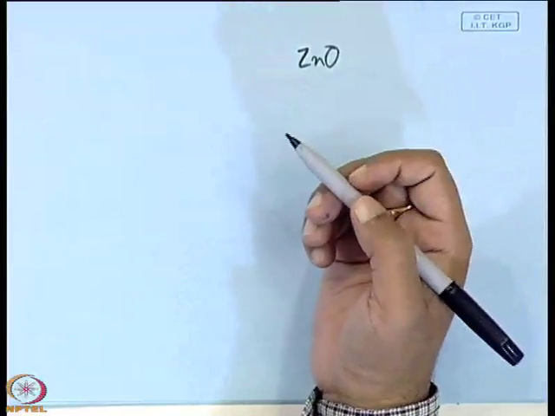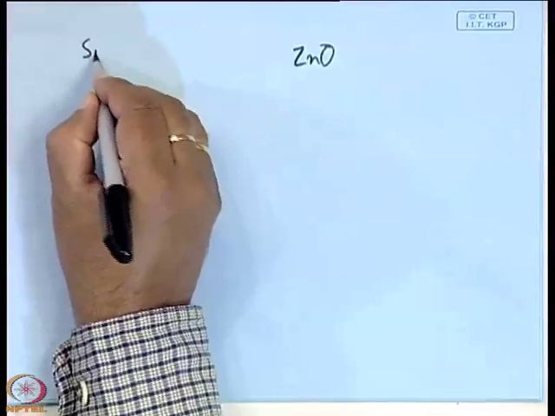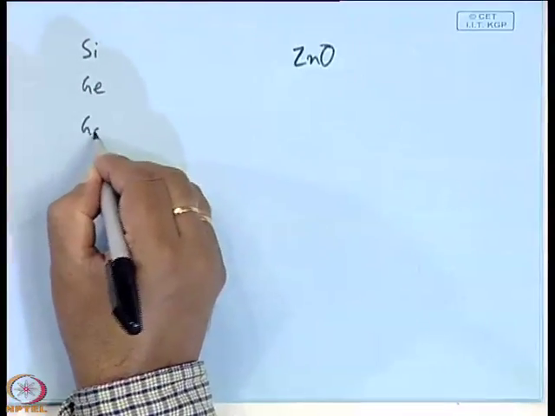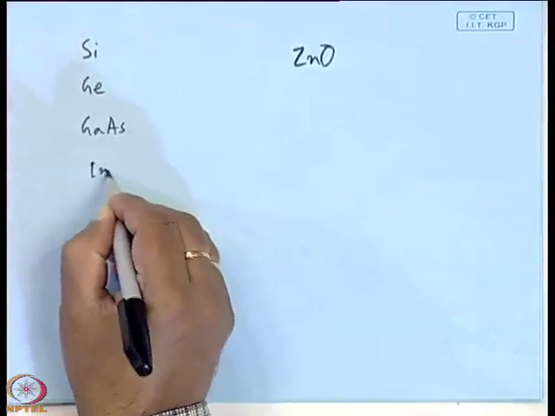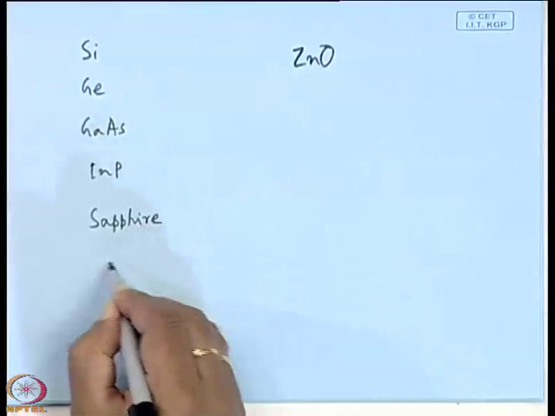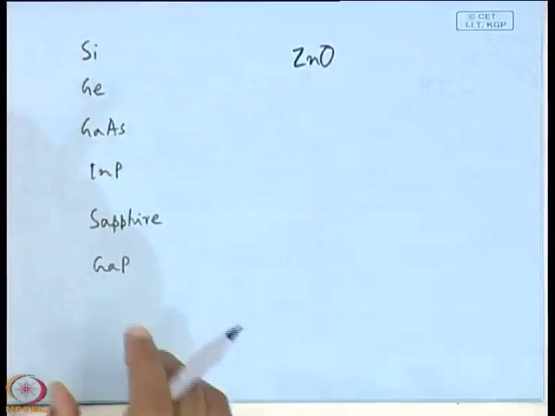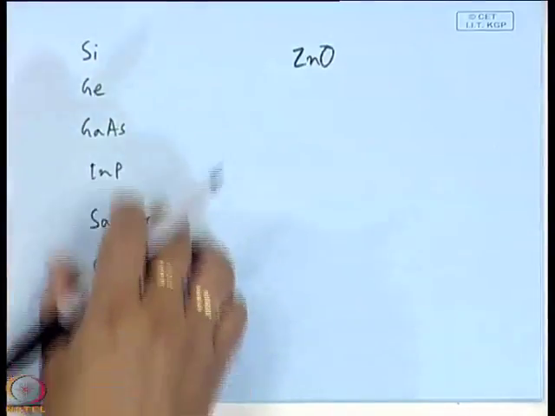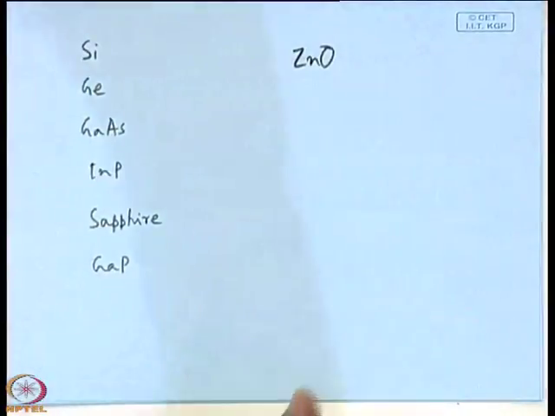The lattice constant of zinc oxide does not match any other normal semiconductor substrate, because substrates are available only in the form of silicon, germanium, gallium arsenide, indium phosphide, sapphire, gallium phosphide, etc. Only these are commercially available with good chemical composition and free from defects, dislocations, etc.